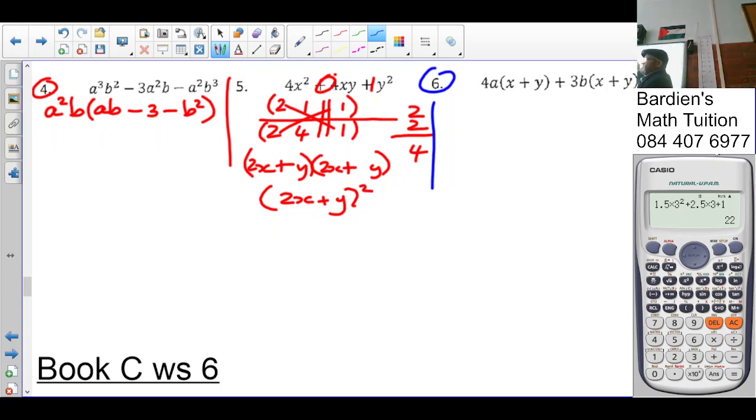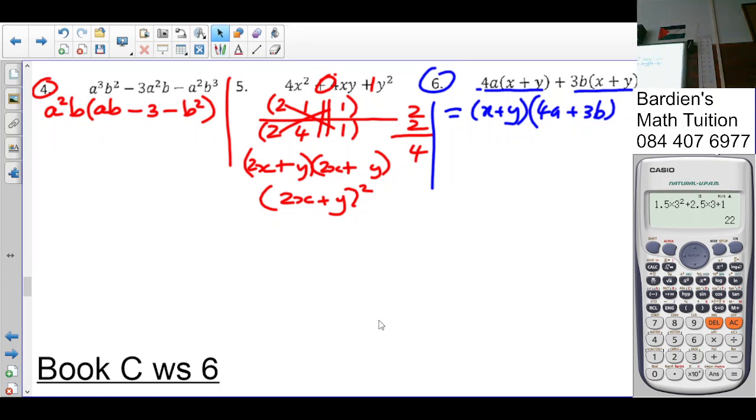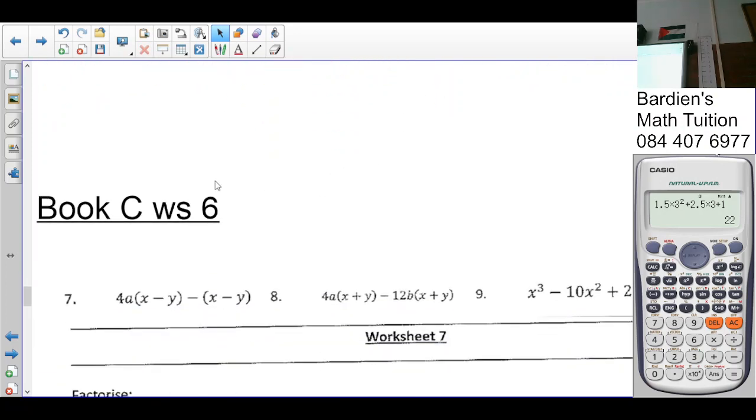The common factor. She says in the two terms. x plus y, sir. Yes, sir. The common factor. 4a plus 3b. Can you see that, people? Okay. Any confusion? Did we do something like this before? Yes, sir. Okay.